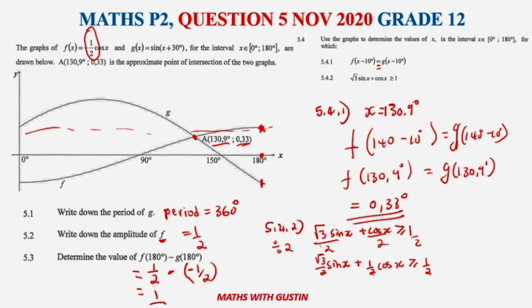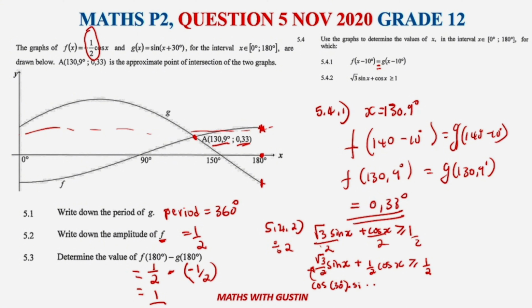Okay, so once we have this, what can we do now? Before it became this, it was initially given by cos 30, which gave us this square root of 3 over 2, multiplied by sine x.